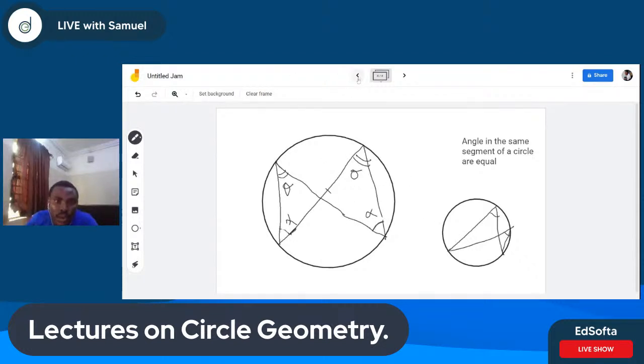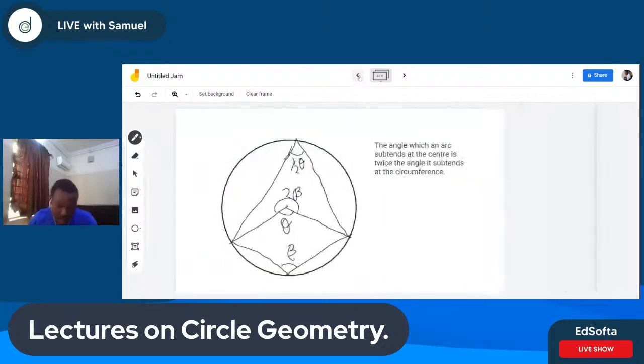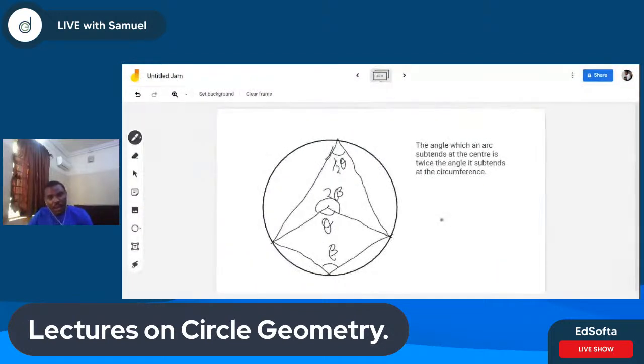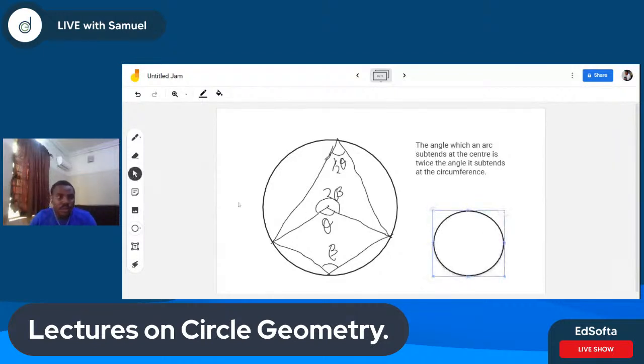Let's even go to the first format. This one can also be drawn in another way. If you have a smaller circle for us to use, you pick a center, and we do something like this. From this center also, we have something like this.